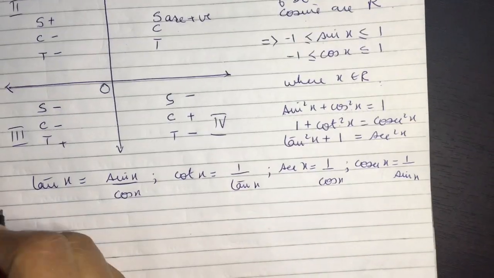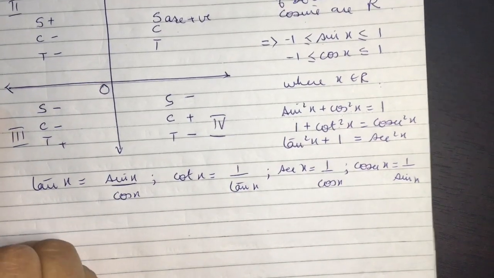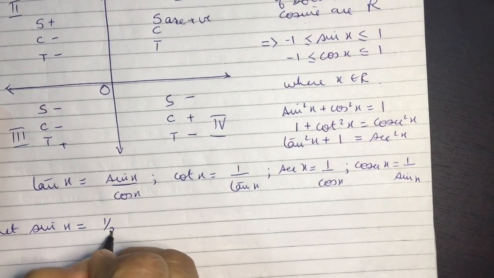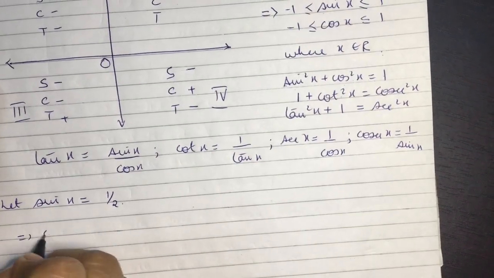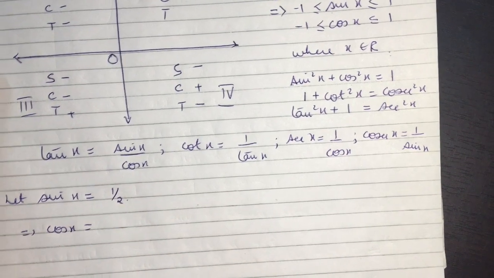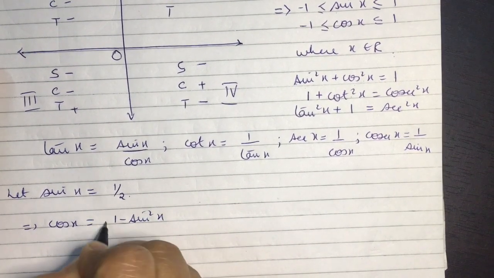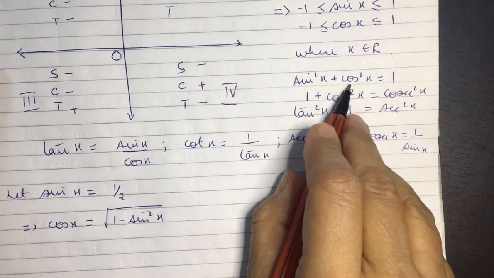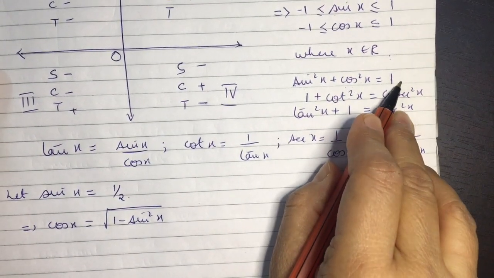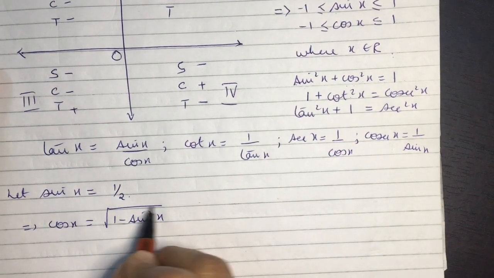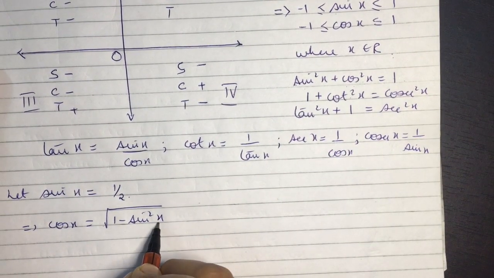So let's take for example, let sin x equal to half. It implies that cos x is equal to the square root of 1 minus sin squared x, because sin squared x plus cos squared x is 1. So cos squared x is 1 minus sin squared x.